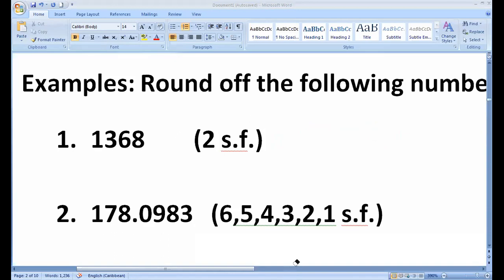I want you to round off this number to 2 significant figures, and then to 1 significant figure. So you have 2 activities. Post your answer in the chat. I'm going to give you 2 or 3 minutes to do that.